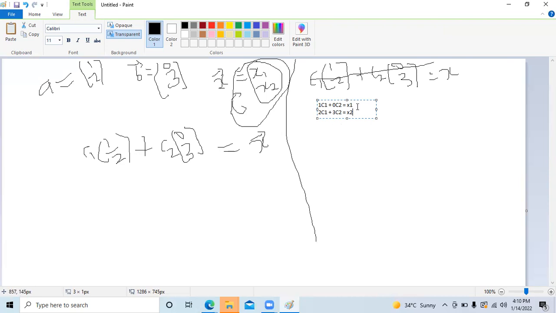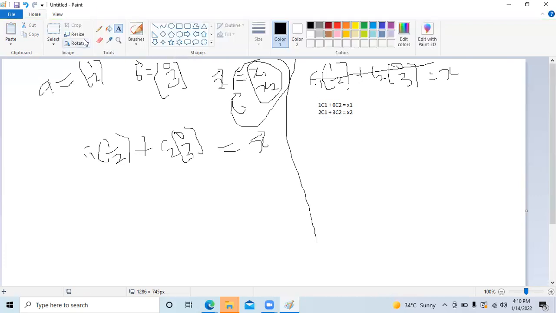So now let's multiply both sides by -2. If I multiply the first equation by -2, what I'll get is this.